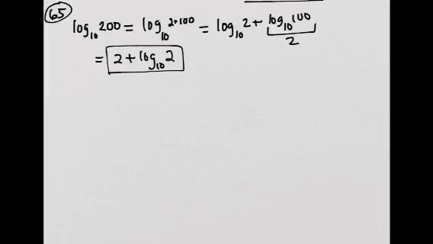Okay, so for 70, they want you to expand it. First I'm going to use the property that the log of a quotient is equal to the difference of the logs.